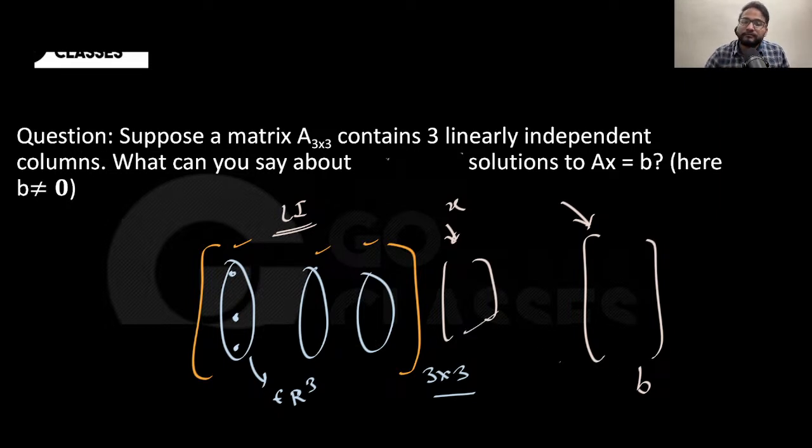So basically, for this question, if asked what you can say about the solutions of Ax equal to b, you will say there is always a solution. Whether it is a unique solution or infinite solutions, I will come to that point. So you will say there is always a solution. Let me know if that is fine to everyone, because that's a very crucial thing.